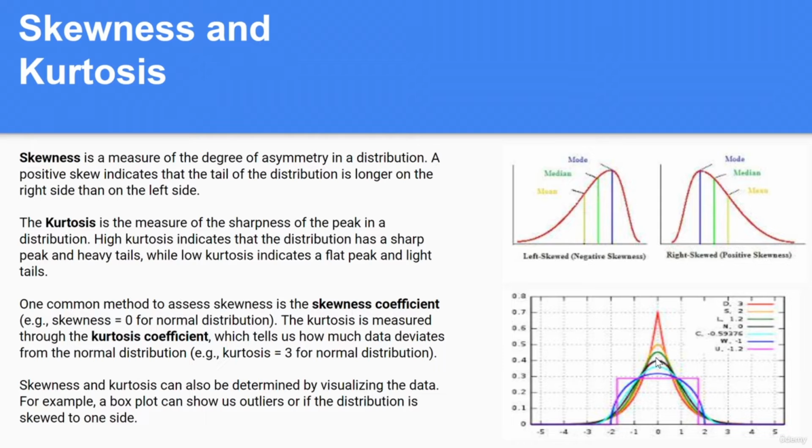And you can also determine this by visualizing it. You can calculate it using the coefficients and the formulas, but you can also plot this, right? You could plot your distribution and say, all right, that's skewed. You could plot it and say it's got pretty high kurtosis, it's not normally distributed, or it has really low kurtosis, like this purple box right here, which is practically the uniform distribution.